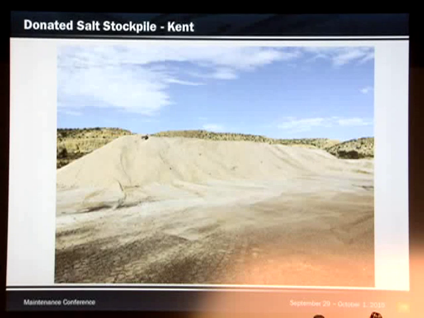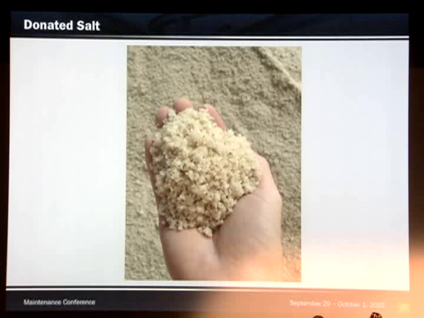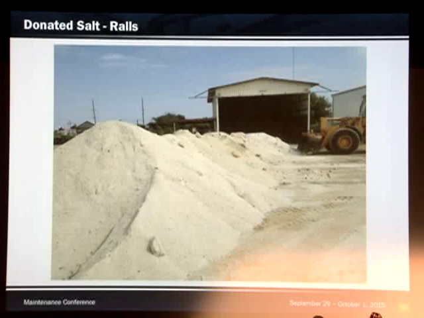You can't really tell a whole lot about the salt, but that's some of it that's been hauled out. It did have some clumping in it. There are some sections of the rubber liner from the pits that were torn out in it, but it's been pretty easy to clean up.